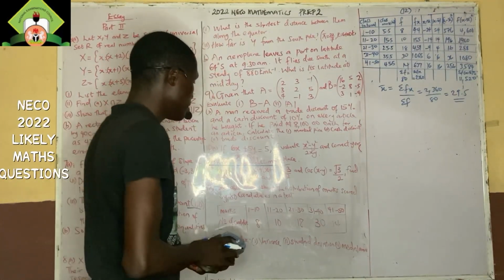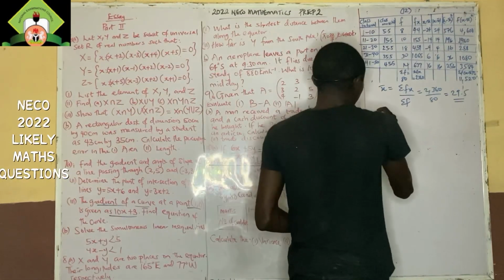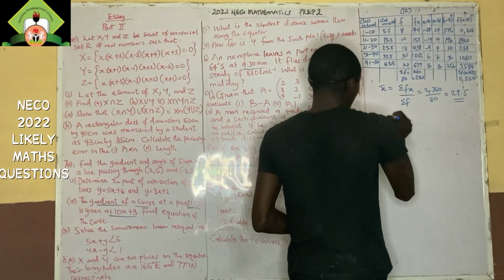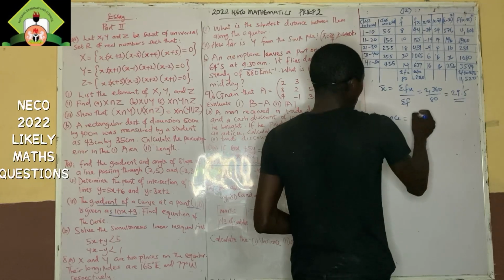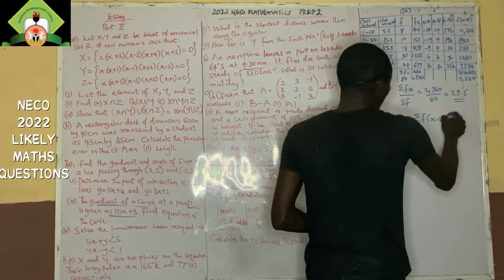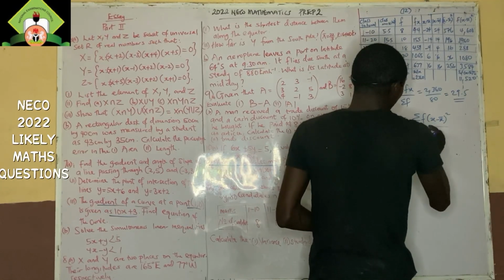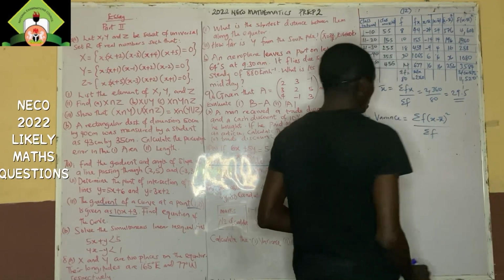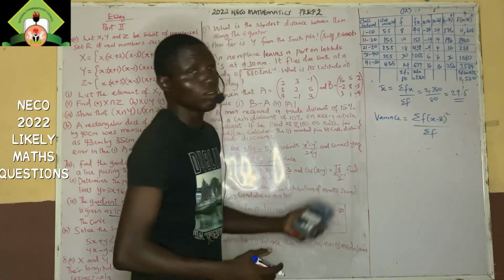Variance is equal to summation f with bracket x minus x bar all squared over summation f. This is variance. So standard deviation is the square root of variance.